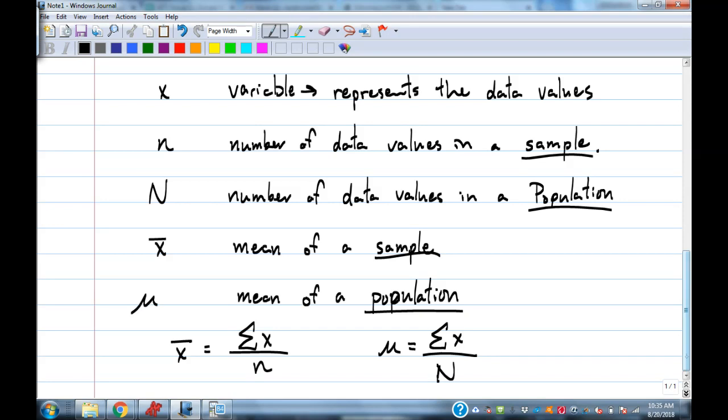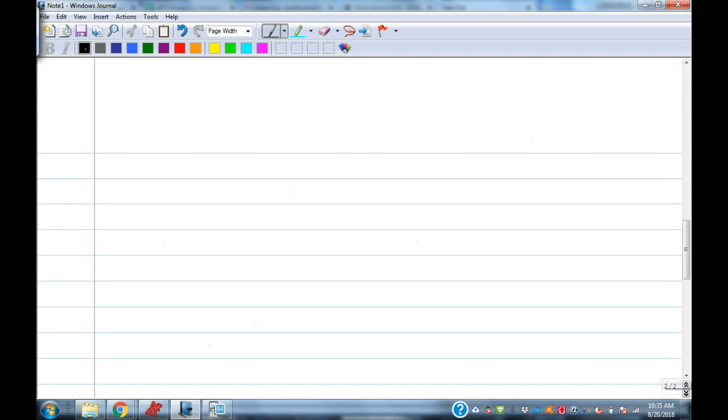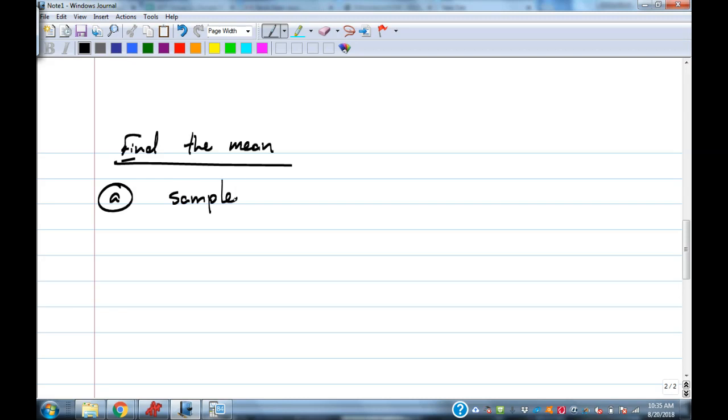Okay. So let's look at just a quick example of finding the mean. I'm going to show you. We'll do it by hand, and then we'll get the calculator to crank it out for us. So here's a sample.